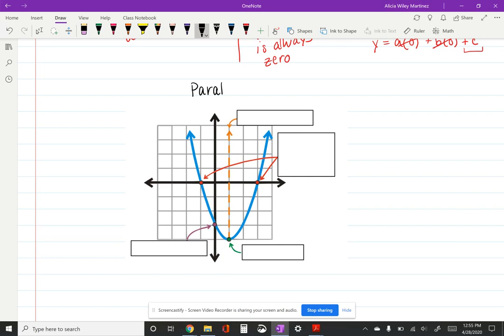So this is a parabola graph, which means the points on this are represented from a quadratic function. In this quadratic function graph, one of the important points that we see down here at the very bottom is what we would call the vertex. The vertex of this graph is the point 1, 4.